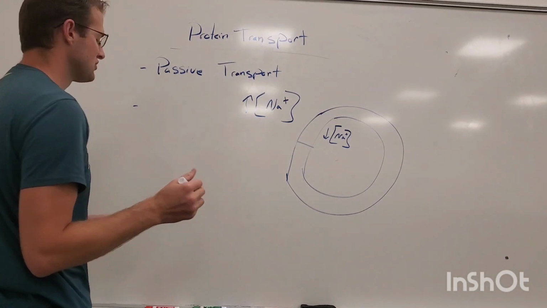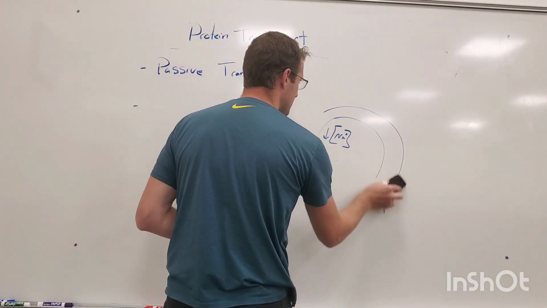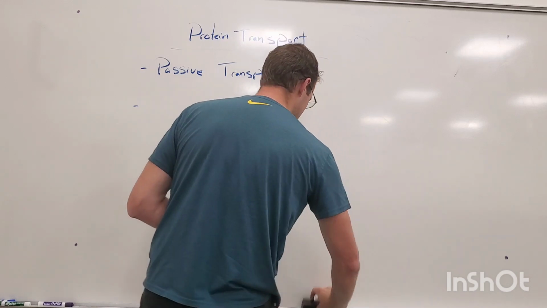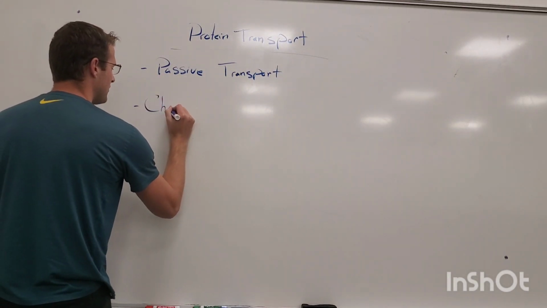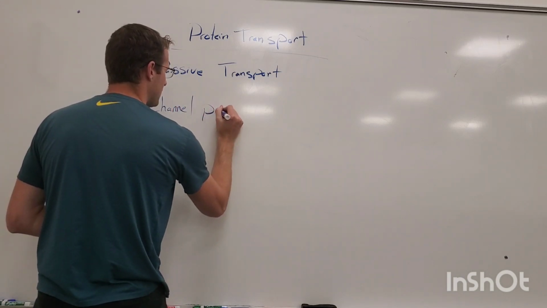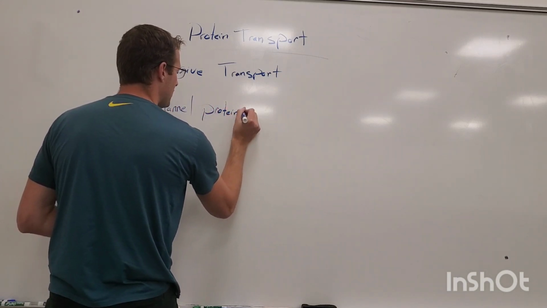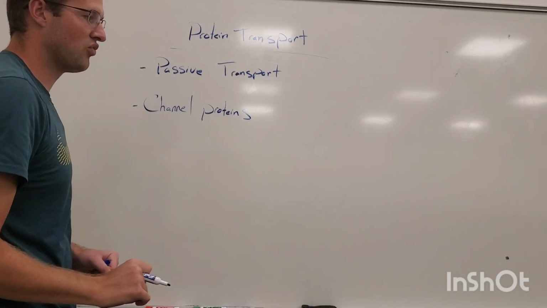protein transport. So we're going to first talk about passive transport, and there are a couple different kinds of passive transport that go through the cell membrane. The first one is channel proteins. And remember, all of these are going to go with their gradient.